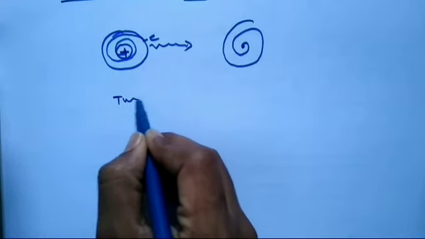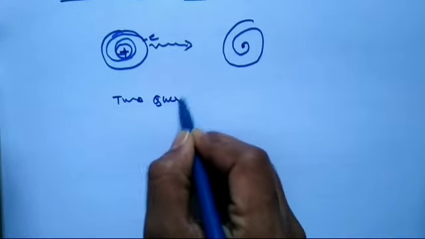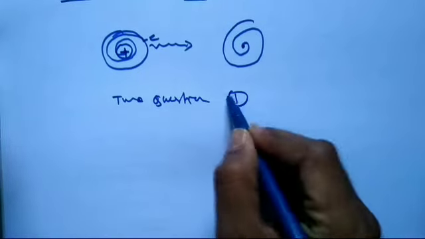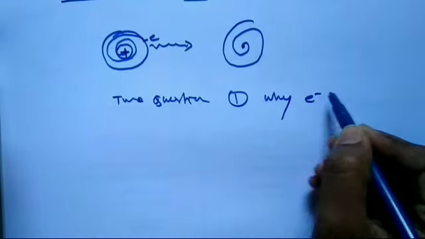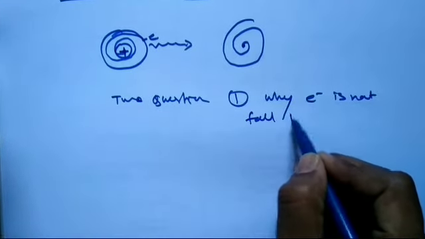So two questions. Number one, why does the electron not fall inside the nucleus?